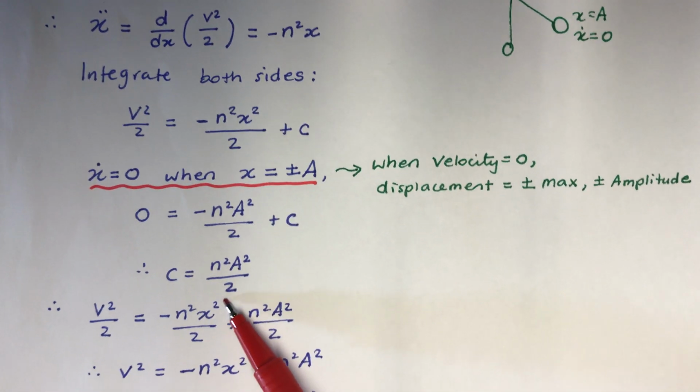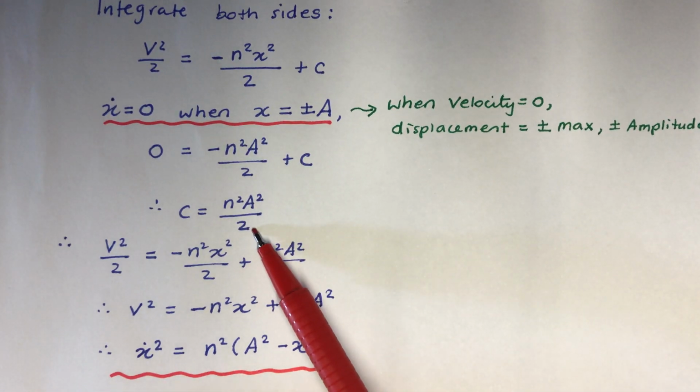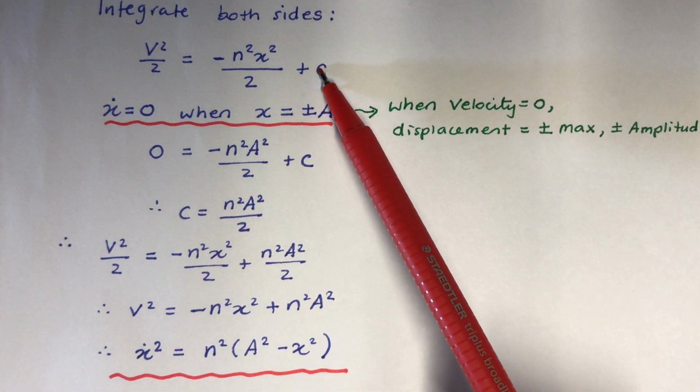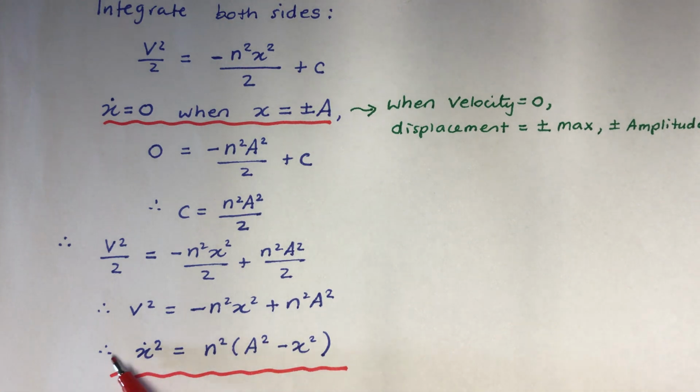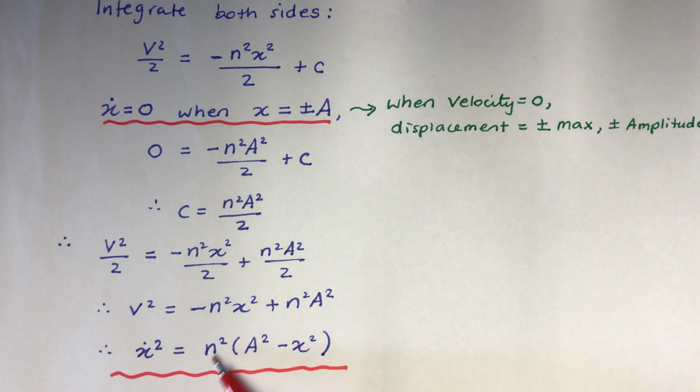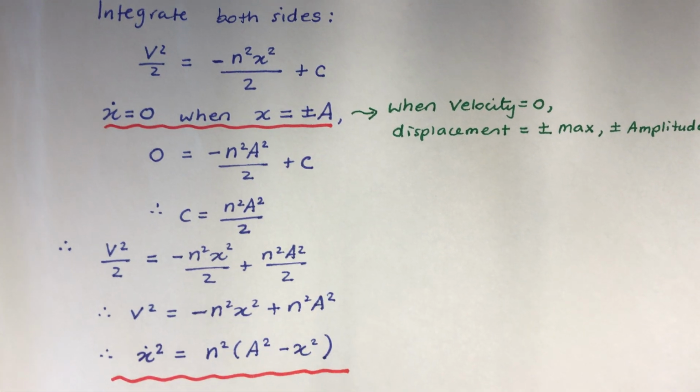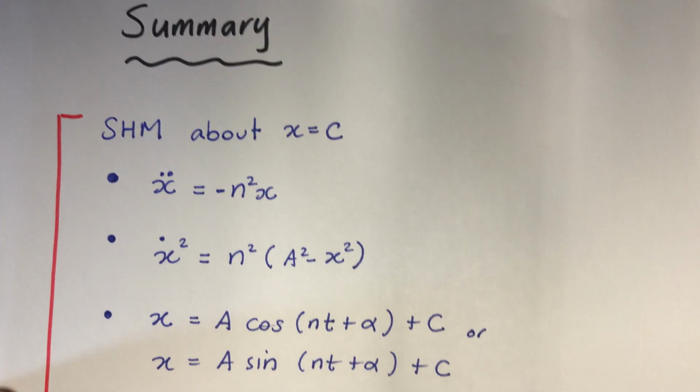So when I do that, I'll get the constant as this, and I put it back into there. I'll get this one, and I'll times by 2 all the way, and then I'll take n squared as a common factor, and I will get this. Okay, so that's what it is. Let's sum up a little bit.